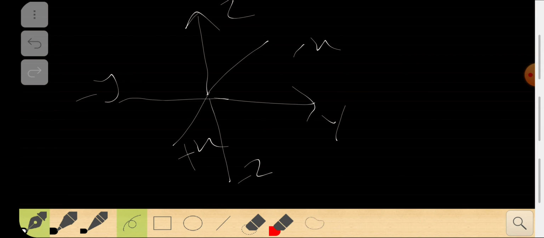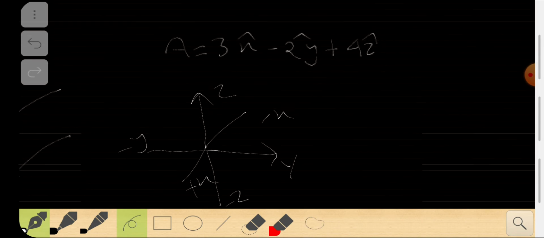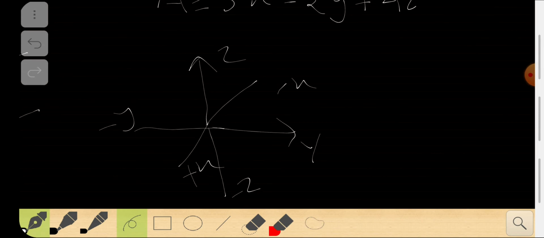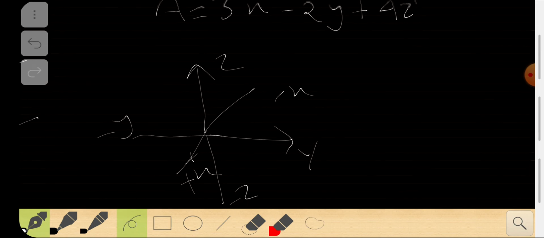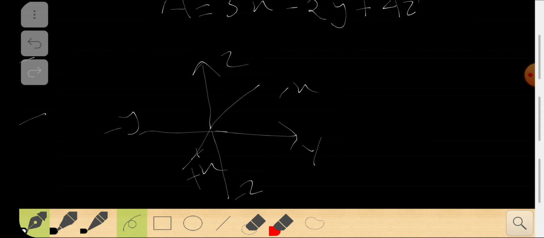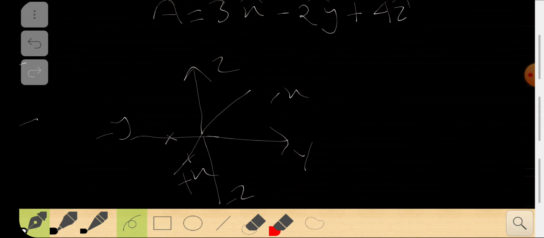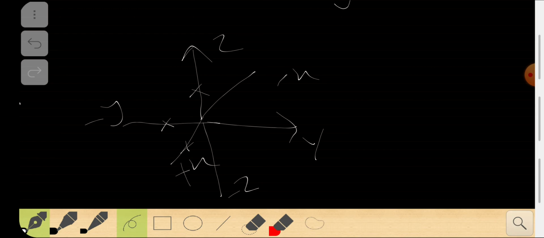Now if you see, the x-intercept here is 3, so it will be positive 3 here, and the y-intercept is minus 2, so it will go here. And z is plus 4, so it will go here. You can make a diagram like this.